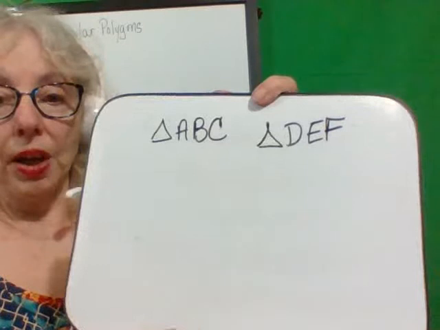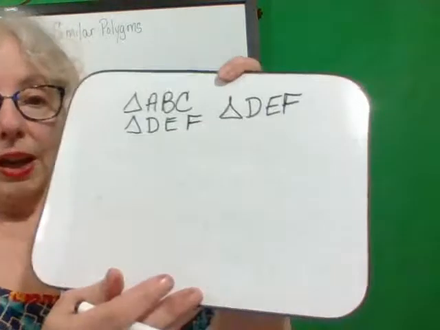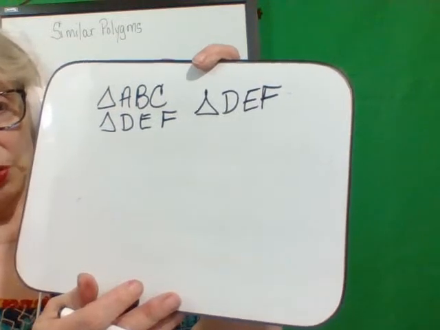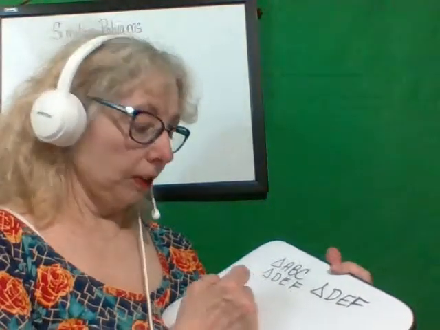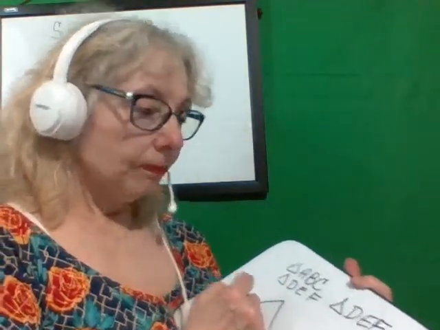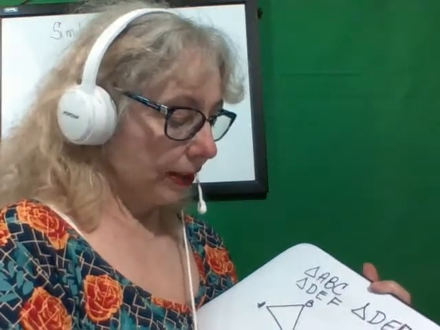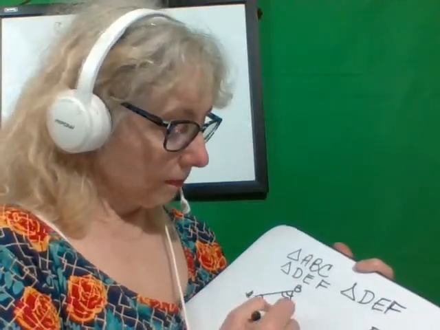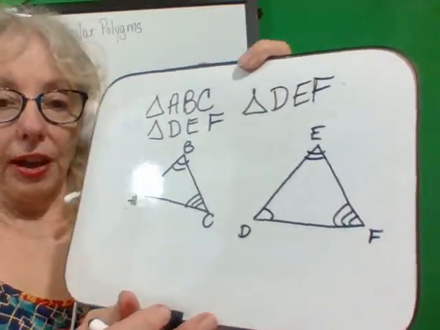Remember when we talked about triangles, we said we could line them up like this, so D, E, F. Angle A has to correspond with angle D. B should be congruent with E, and C should be congruent with F. So I have my two triangles, A, B, C, and over here D, E, and F. A matches D, B corresponds with E, and C is congruent with F. And then we have our sides.